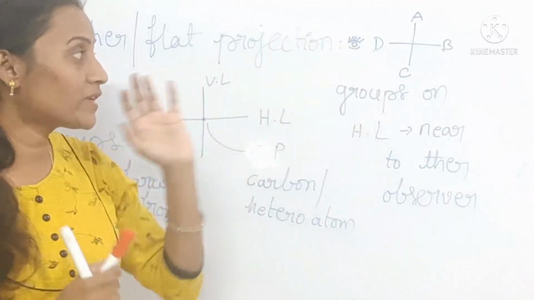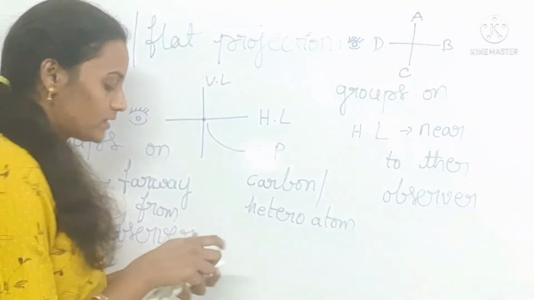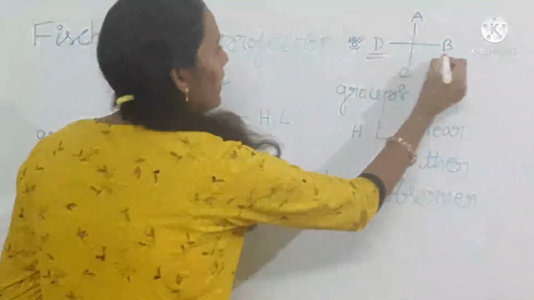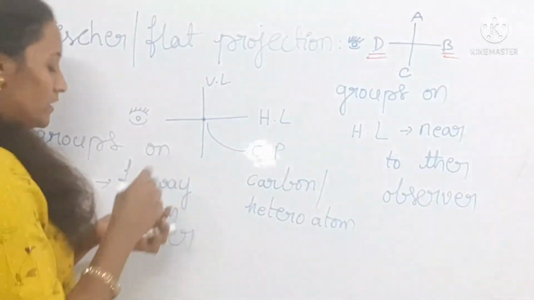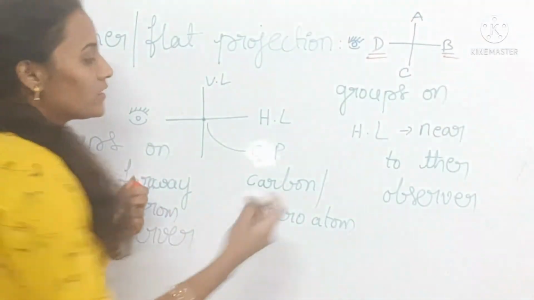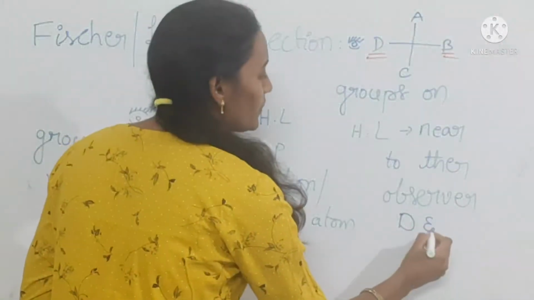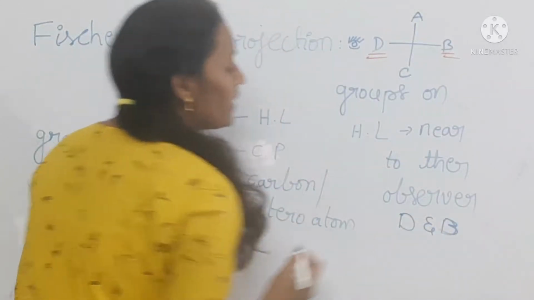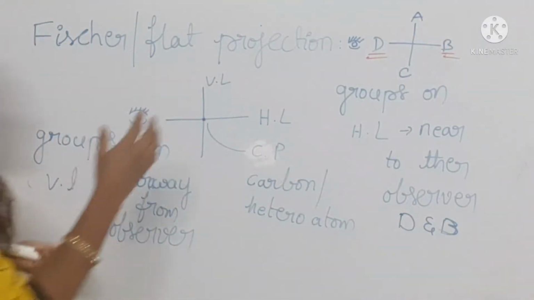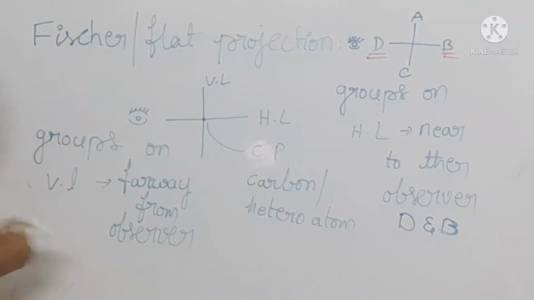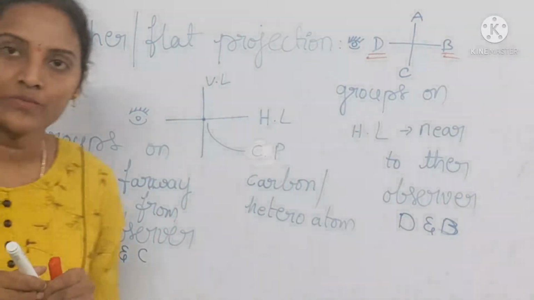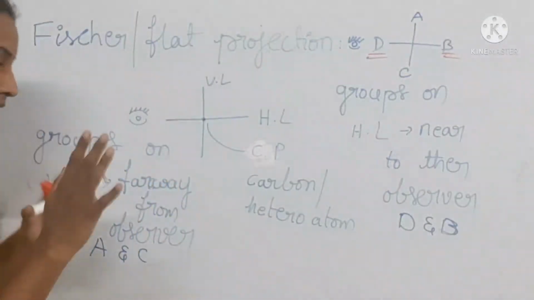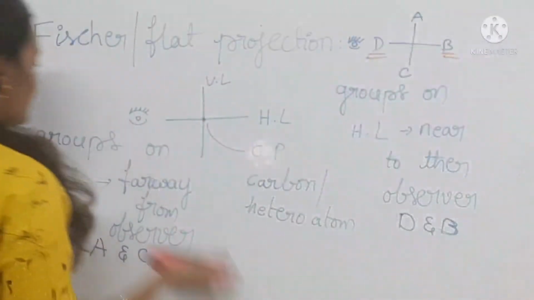The groups present on the horizontal line, nothing but D and B, are near to the observer. And the groups present on the vertical line, nothing but A and C, are away from the observer. Okay, let's take some examples here.